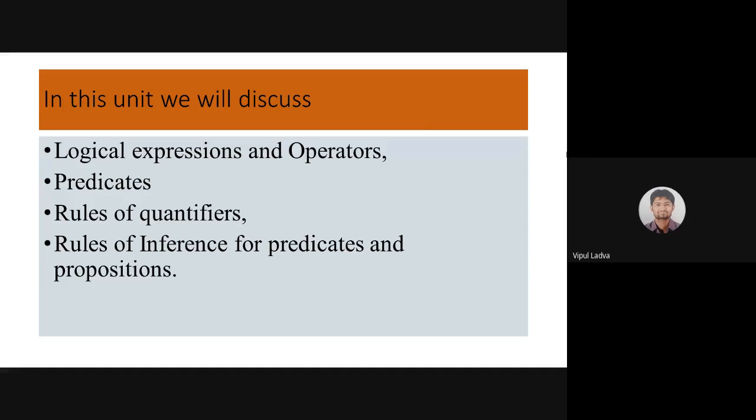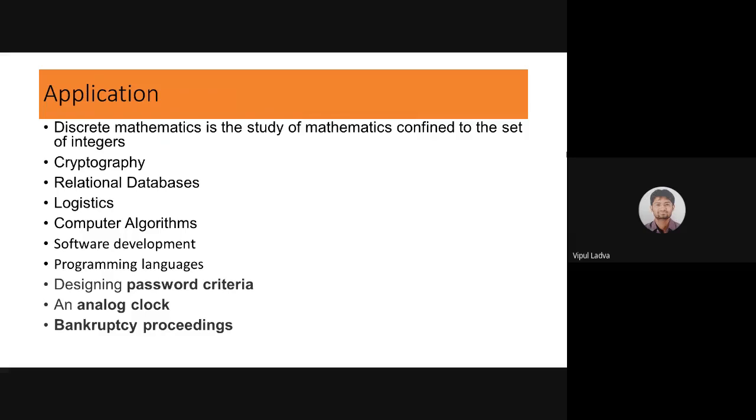Okay, so let's begin with the logical expression. Before that, why are we learning all this? Some of the applications are there on the screen. It is used in cryptography, relational databases, logistics, computer algorithms, software development, programming languages, and passwords.